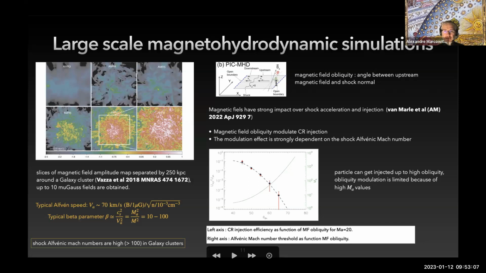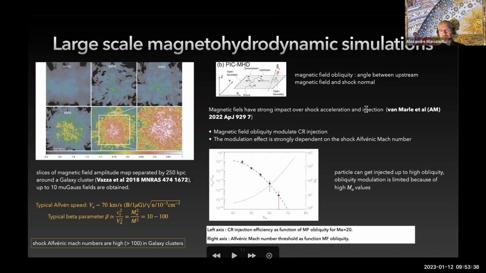The particles which are injected from the shock have a tendency to follow the magnetic field. If the magnetic field is quasi-perpendicular, the particles will have a hard time recrossing the shock. So that means that high obliquity can quench the particle injection, and this is a well-known fact since the advent of particle-in-cell simulations.